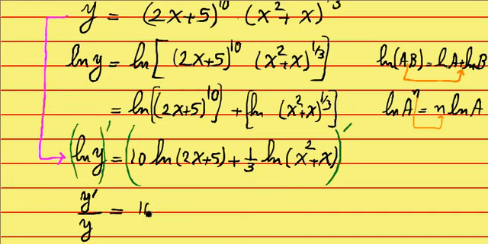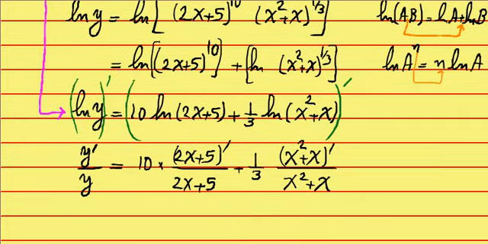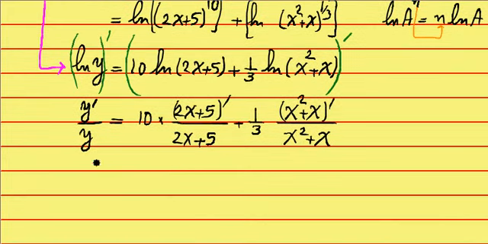So I say 10 times derivative of logarithm of 2x plus 5 is 2x plus 5 differentiated divided by itself. Derivative of this one divided by itself. Now I go ahead and actually carry out the differentiation.